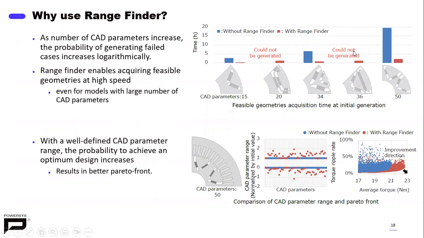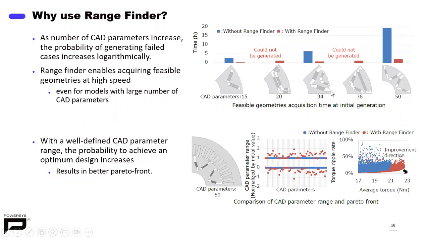That's why it is represented as could not be generated. Whereas when we go for the rangefinder, the range is optimized by the software, so that whatever geometry is produced by the software is without any damage.